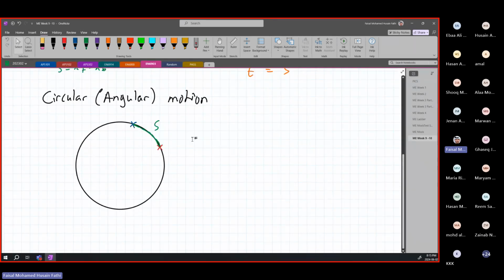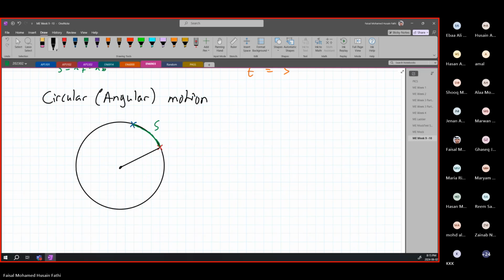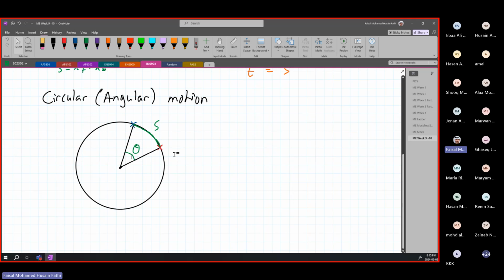If we look at it from the center of the circle, the distance or the displacement that we have covered has now become an angle, usually known as theta. Okay, so now our motion is angular. This is what is meant by angular motion. You are moving at a specific angle. So the distance that you are traveling is going to be known as theta instead of s.